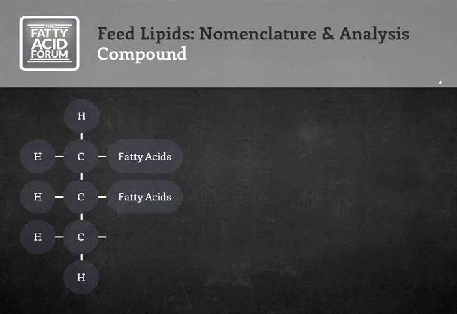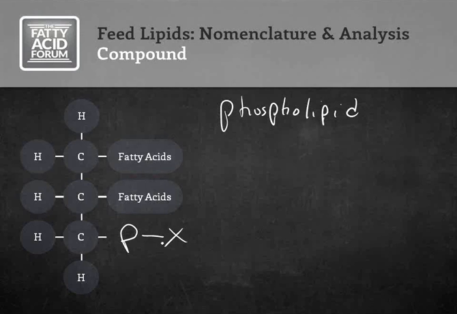Now, moving from simple to compound, we start with a structure that looks like a diglyceride, glycerol and fatty acids attached to 2 carbons. But to make a compound, we need another nutrient on a 3rd carbon. And if we attach the mineral phosphorus there, then we have the backbone for the compound lipid class that we call phospholipid.